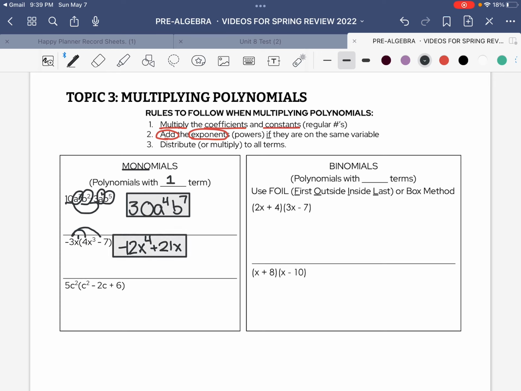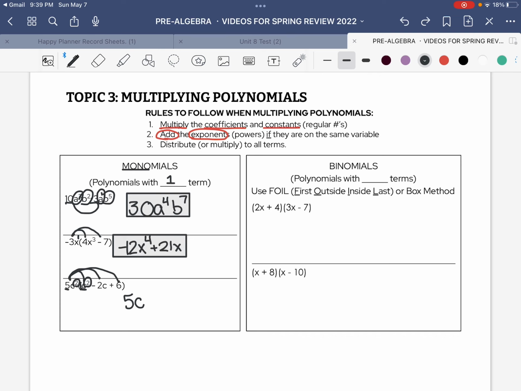Last one of this type, we're going to distribute. So make sure you distribute all the way. So let's start with the 5 times, this is really a 1c squared. 5 times 1 is 5. And 2 plus 2 is 4.